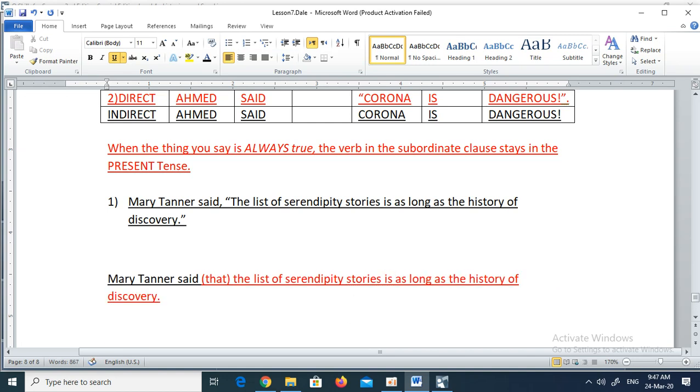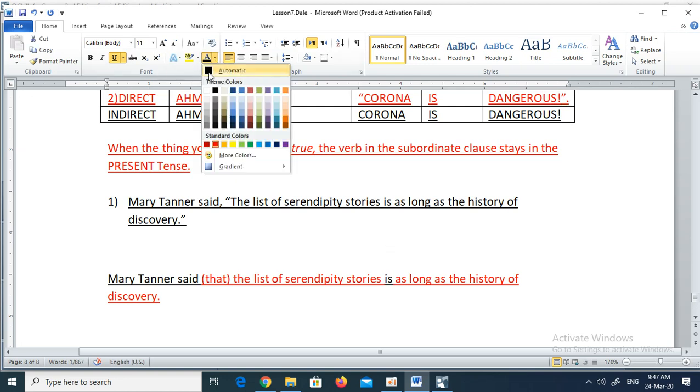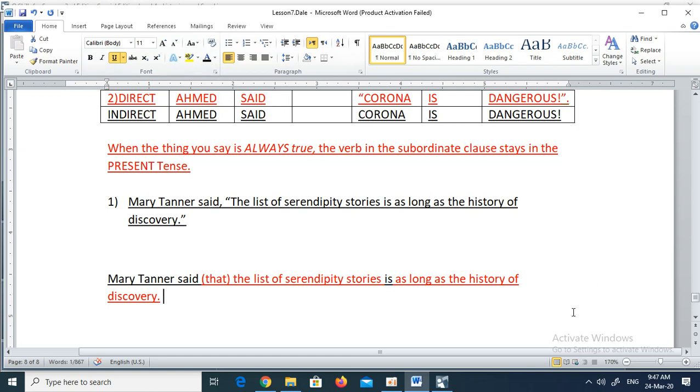The reason we are keeping that verb is in the present tense is because it is always true. So we will not say, Mary Tanner said, the list of serendipity stories was as long as the history of discovery.